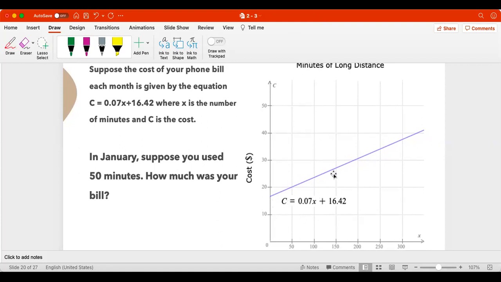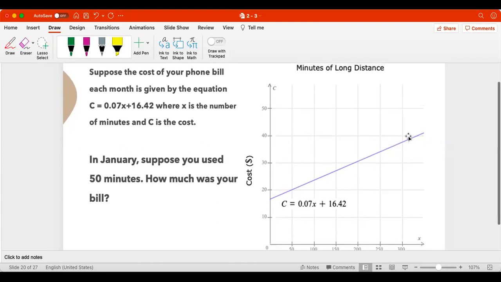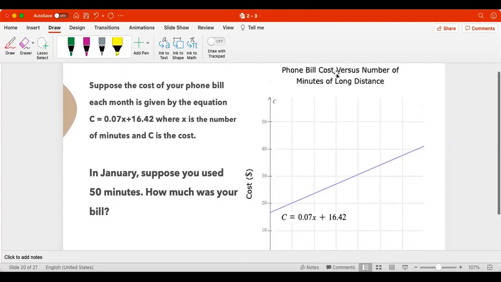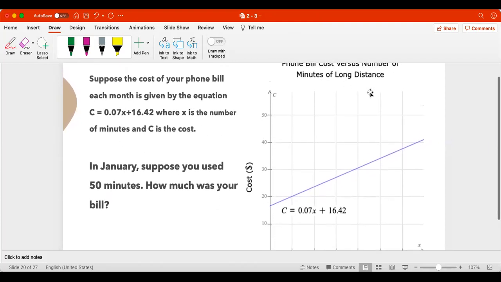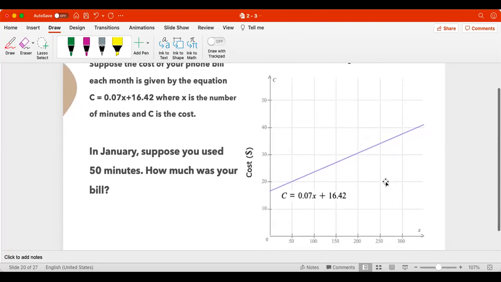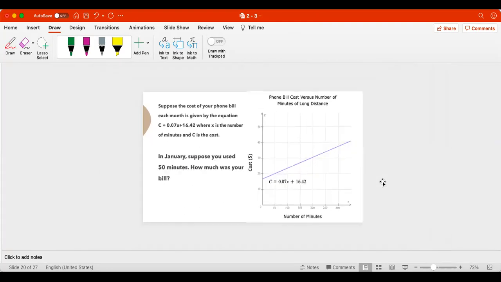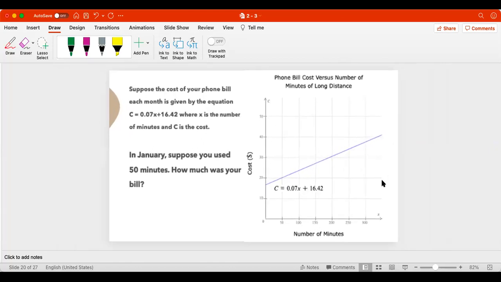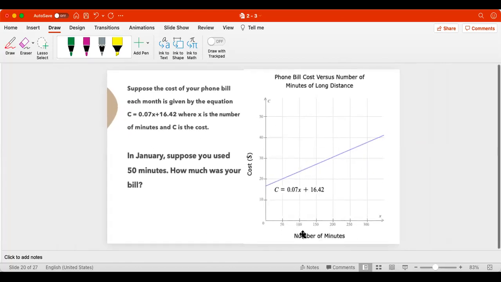Okay, so here they gave us a graph of this equation. It says the phone bill cost versus number of minutes of long distance. So what this is telling me, let me zoom out just a little bit. It's telling me that X is the number of minutes, so the number of minutes I use my cell phone each month.